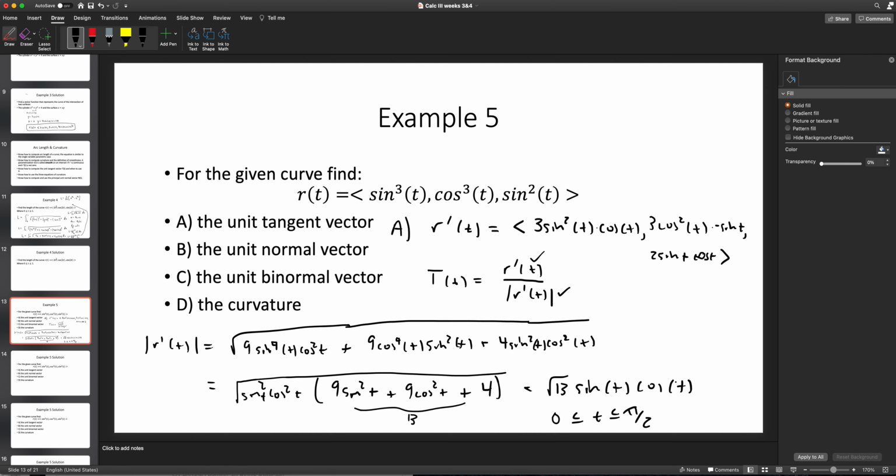Now I have to divide r prime of t by the length of r prime of t, and then we'll find T of t. I'm going to go to a new slide.